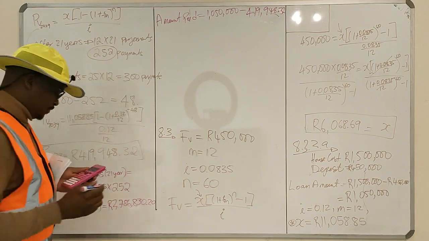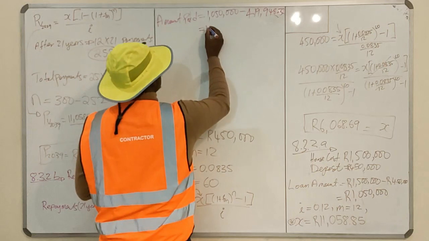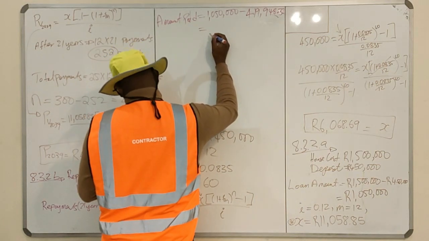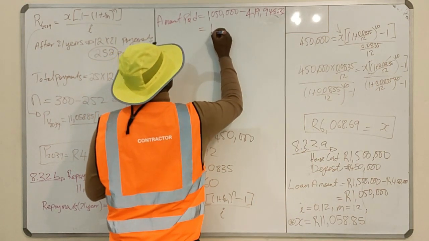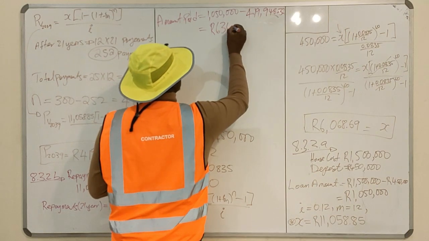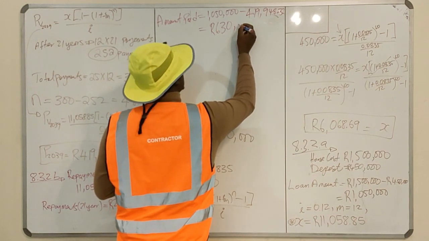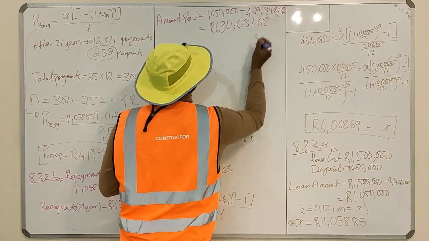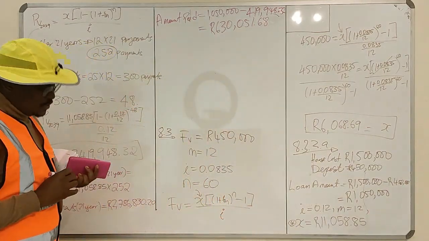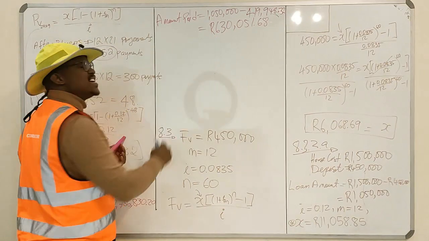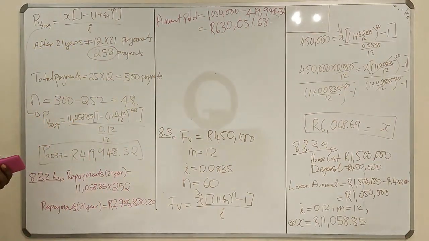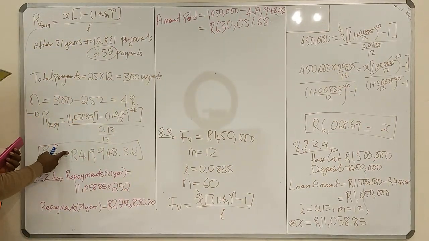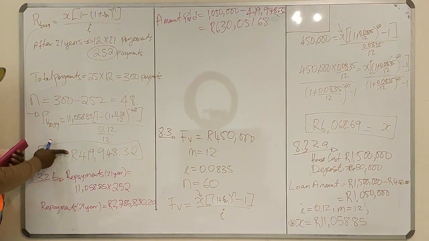The amount that he paid is 630,051 rands 68 cents. So this is how much of the loan he has managed to pay so far, and he still has this amount to go. He still has to pay this amount for the remaining 4 years.